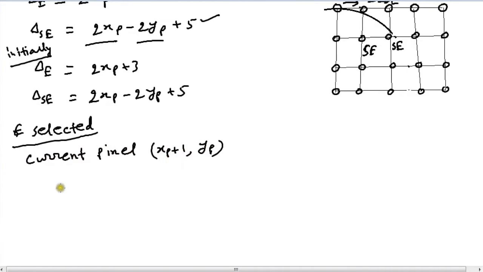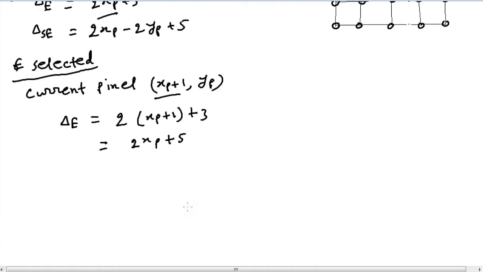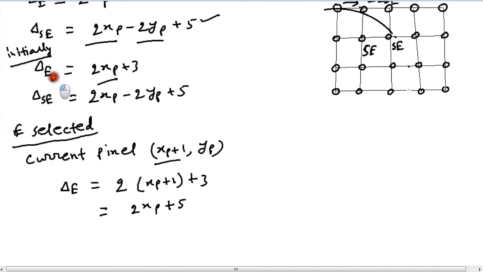In this case, what would our del E be? Our del E would be 2 into XP plus 1, plus 3. I'm just substituting the value of XP plus 1 into XP. That gives us twice XP plus 5. Now, suppose I call this del E old, this del SE old, and this new one del E new.